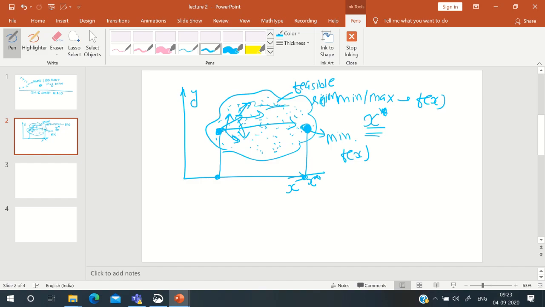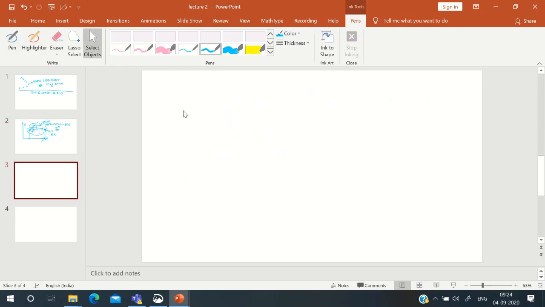This is our aim. Rather, this is the aim of any optimization algorithm. Okay, so yes, what is the first step in any optimization method? Step number one.